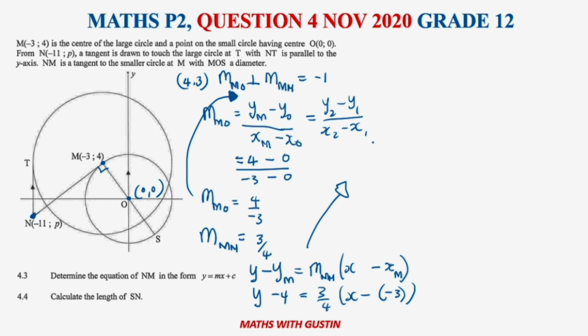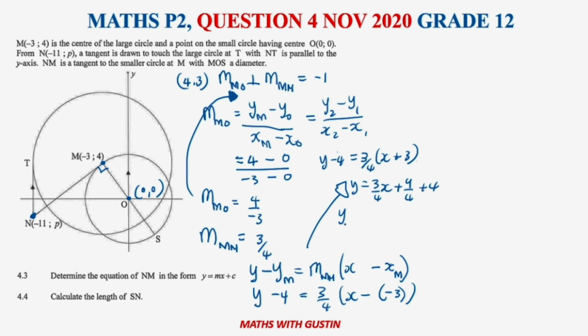You are going to have y minus 4 is equal to 3 over 4 times x plus 3, close bracket. Therefore you are looking for y, which is now going to be 3 over 4x plus 3 times 3 is 9 over 4, therefore plus 4, this 4 moved to that side here.